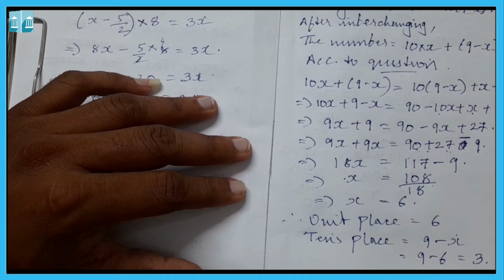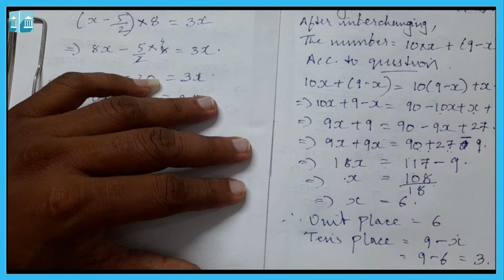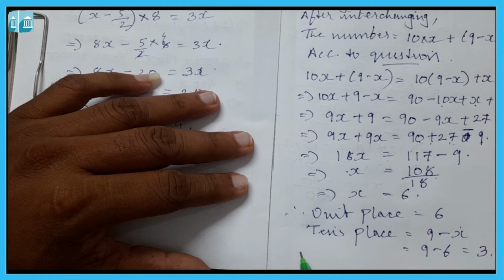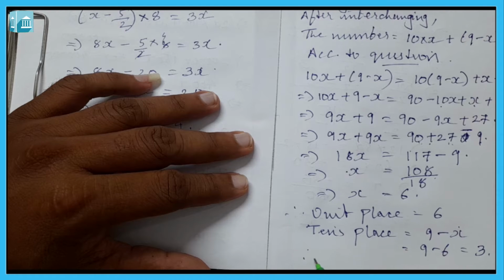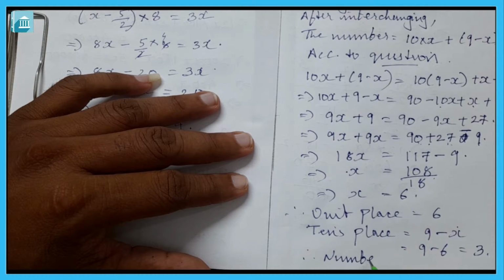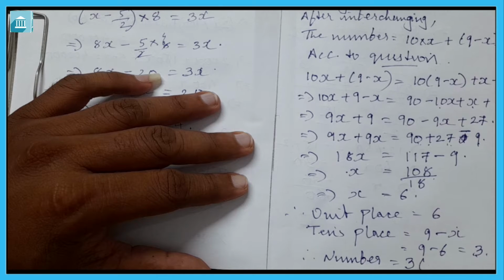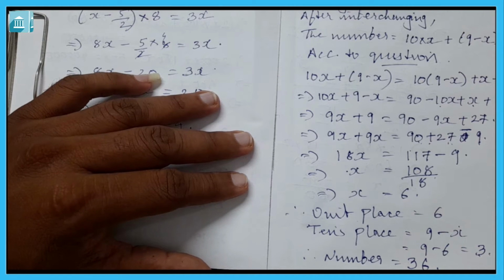So the number is: unit place is 6 and tens place is 3, so the number is equal to 36. Now let us see question number 5.